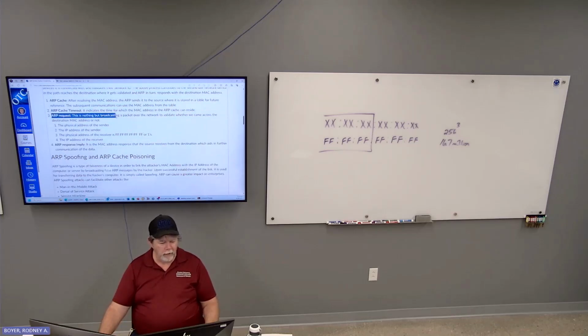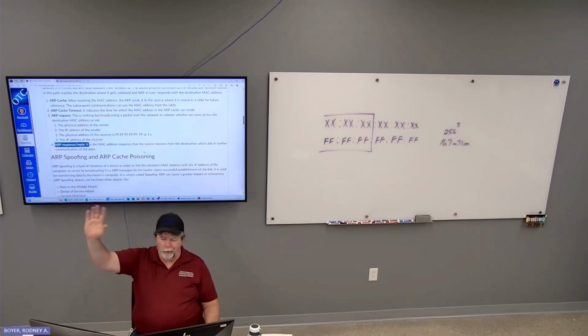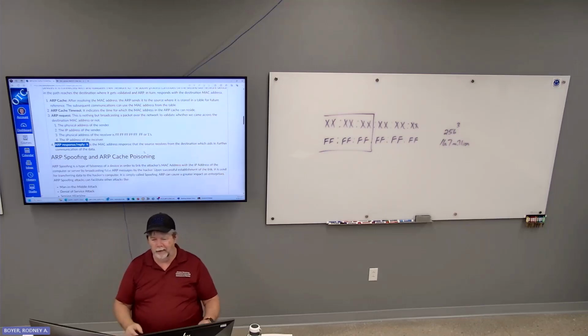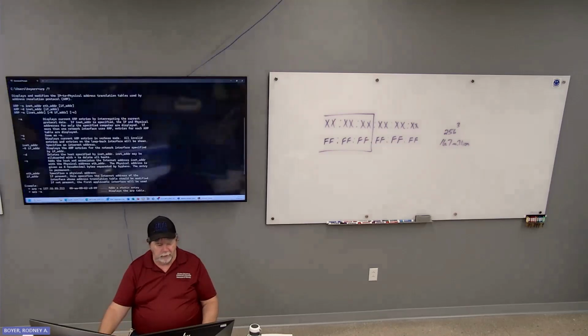So your ARP request goes out as a broadcast to all, and then you get the response that says, hey, I am the one that owns this MAC address, and here's my IP, which is what populates the table.